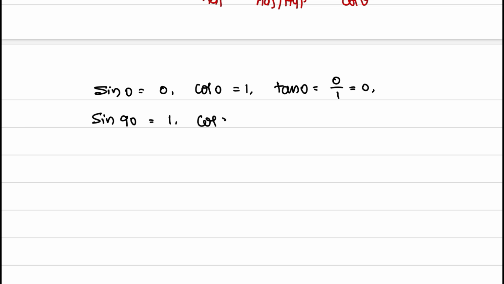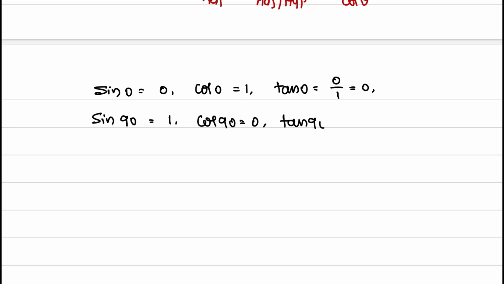Sin 0 is equal to 0. Cos 0 is equal to 1. Tan 0 is equal to sin 0 by cos 0, that is 0 by 1, that is equal to 0. Sin 90 is equal to 1. Cos 90 is equal to 0.